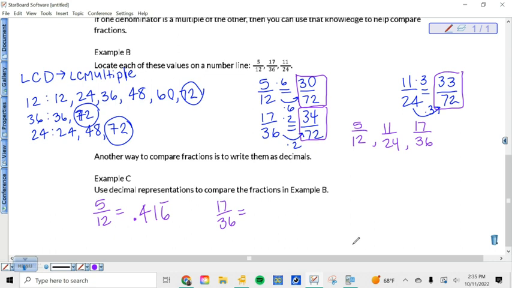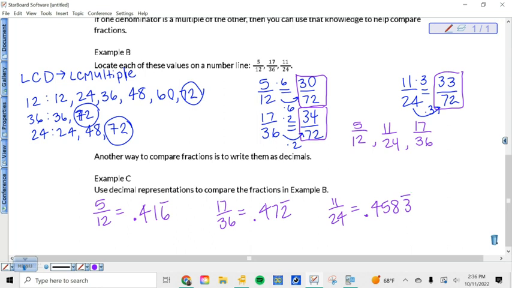What is 7 over 36 as a decimal? 0.194 repeating. And what is 11 over 24? 0.4583 repeating. Perfect.